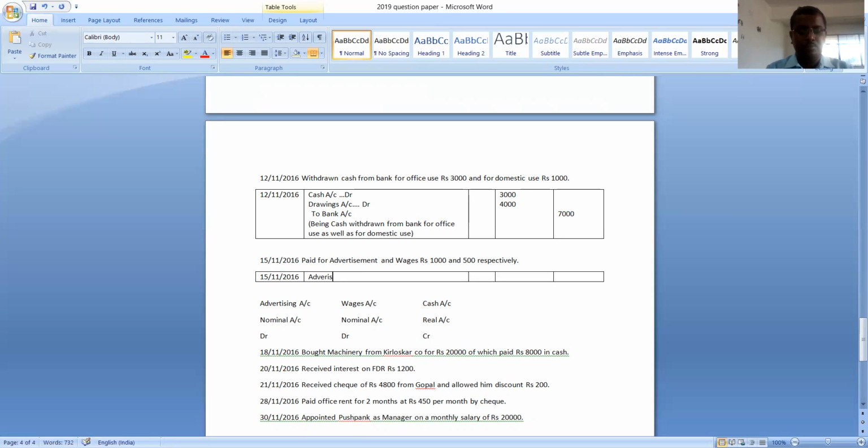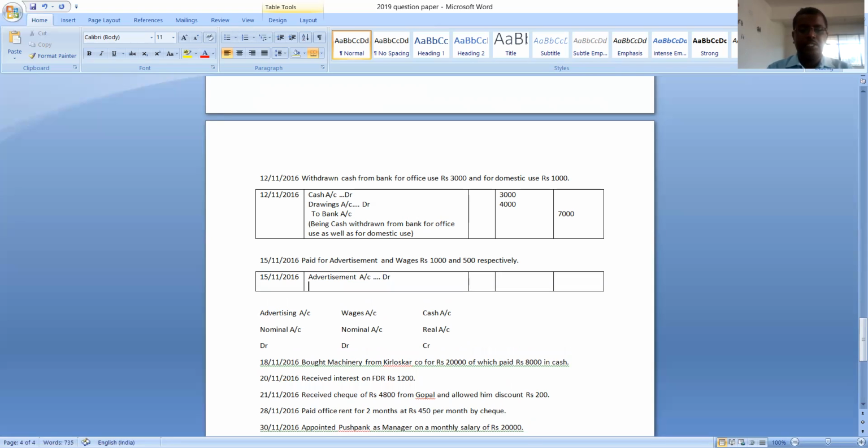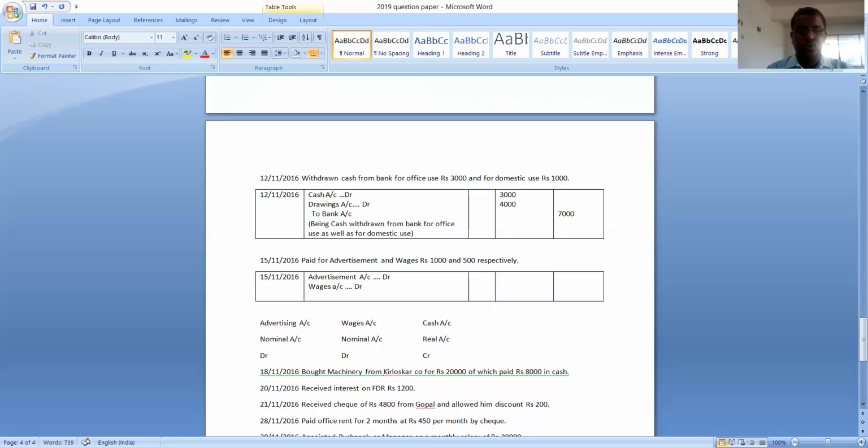Yeah, which account should be debited? Advertisement account debit. Next one is wages account debit. To which account?